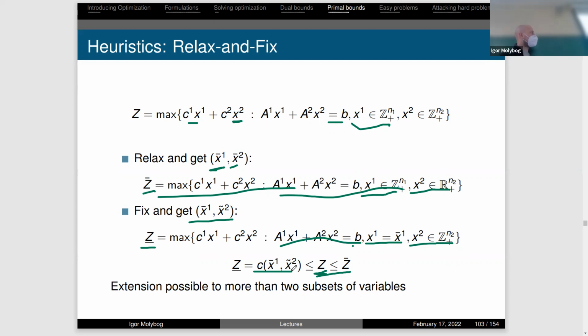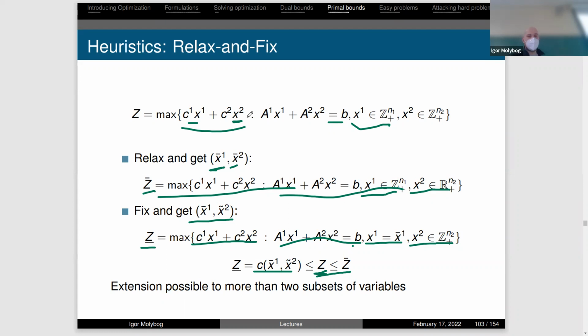One thing that I didn't mention here is that along the way we were considering that this objective is the same one that we have in the original problem, but it really doesn't have to be. If you're just interested in finding a feasible solution, it makes more sense to vary the objective.